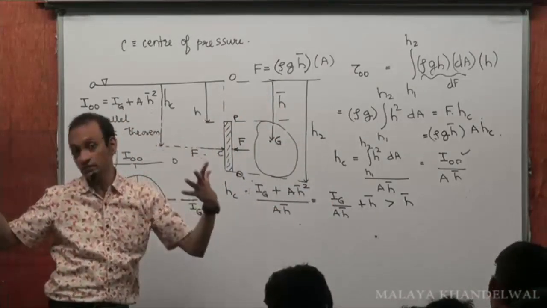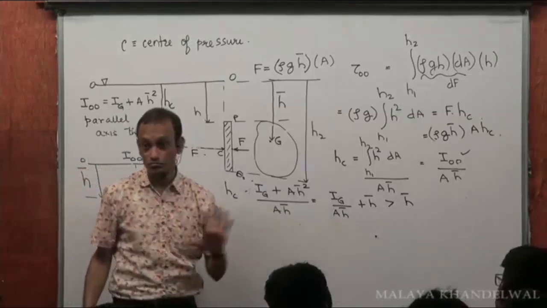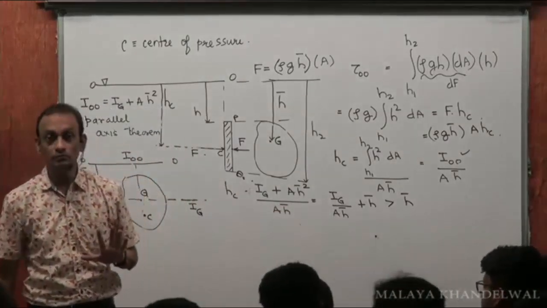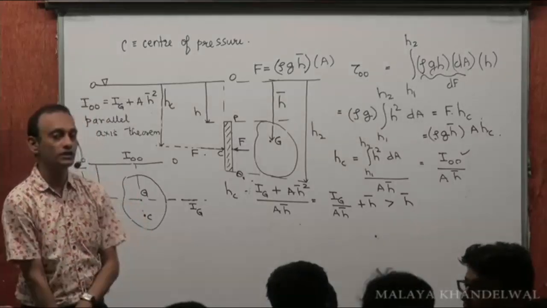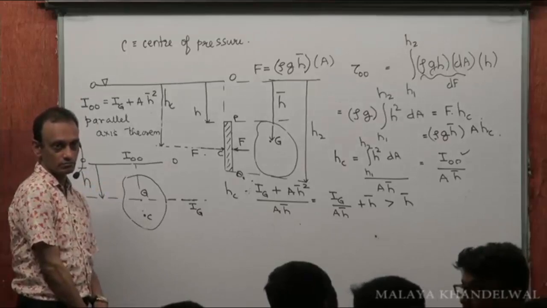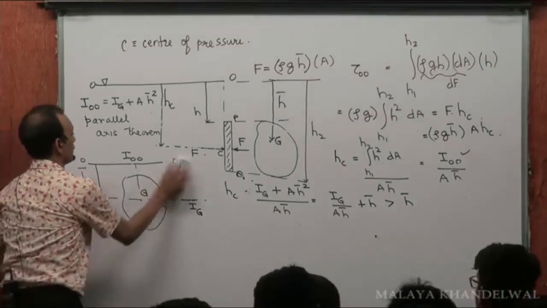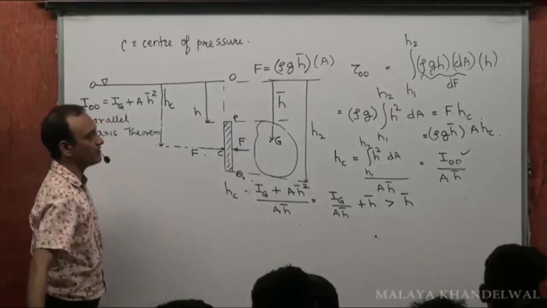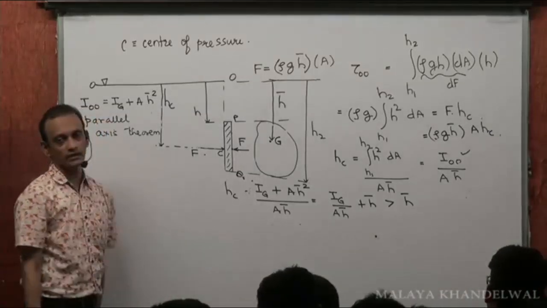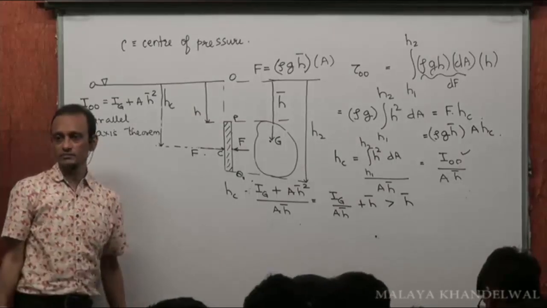I must know that, because I am going to use it in the center of pressure result. Let's see. Can I wipe this off and do some basic calculations of IGs for some regular shapes?